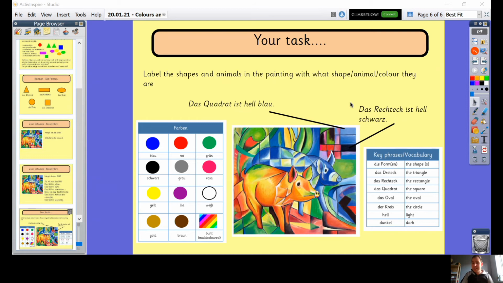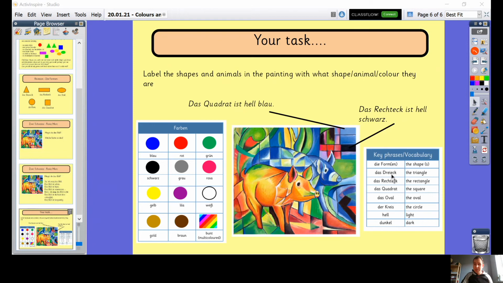And you could even extend that to the animals as well, because you could say die Schweine, the pigs, die Schweine sind, and then tell me what colours the pigs are. Okay, so there is my challenge, and my extension is to think about describing the pigs as well. How can you say that?